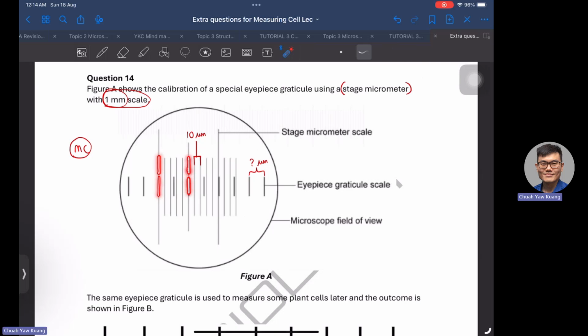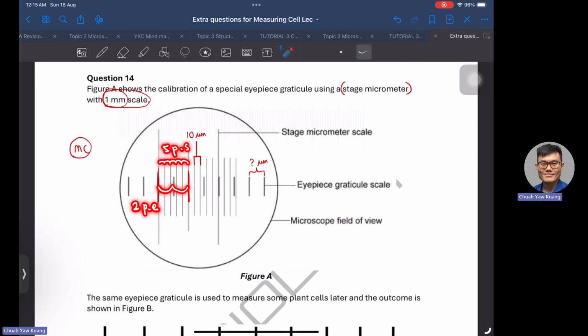So we will take these two lines, starting from here until here. From these, we can see that this is one pitch, two pitch on the eyepiece reticule, and it is equal to one pitch, 2, 3, 4, 5 pitch on the stage micrometer.